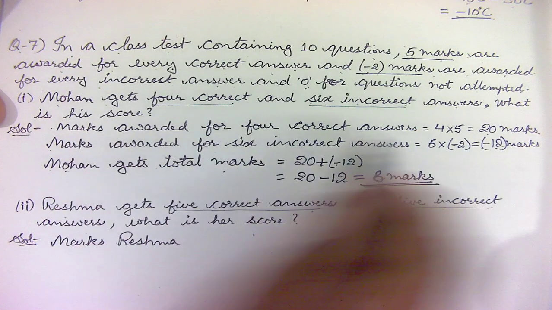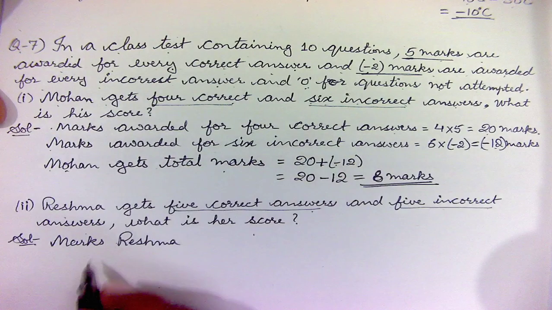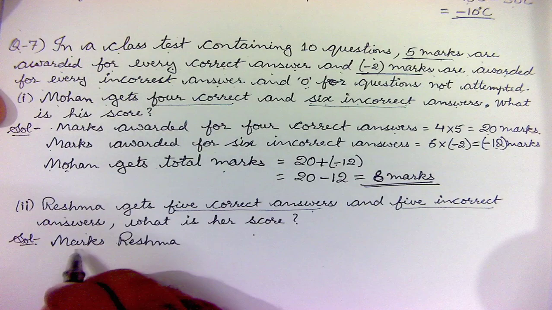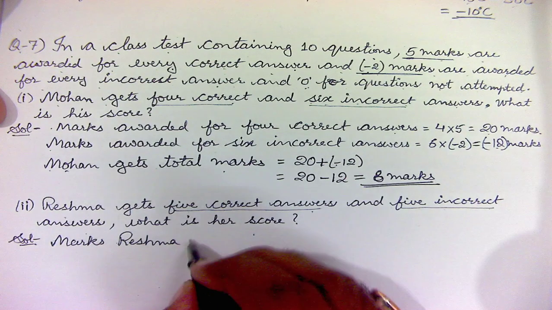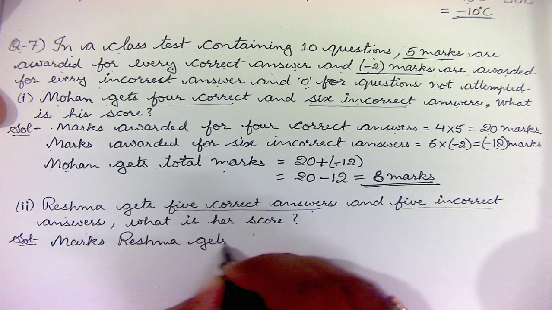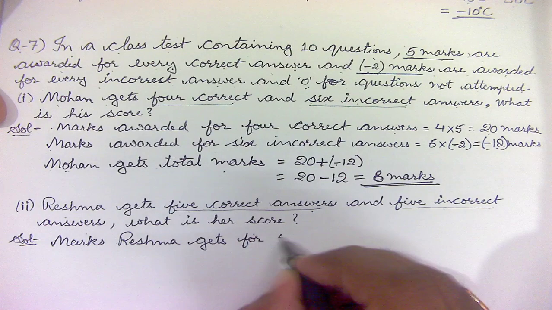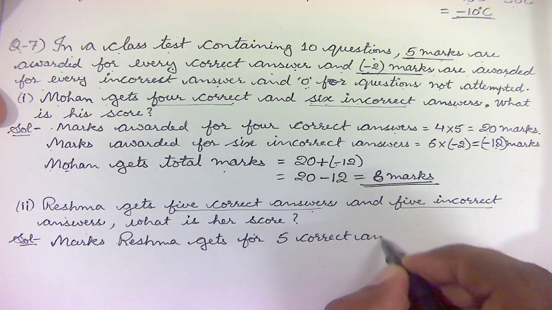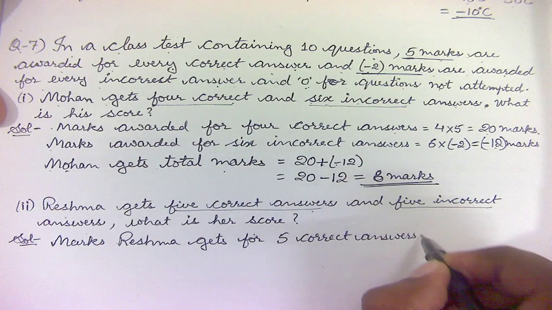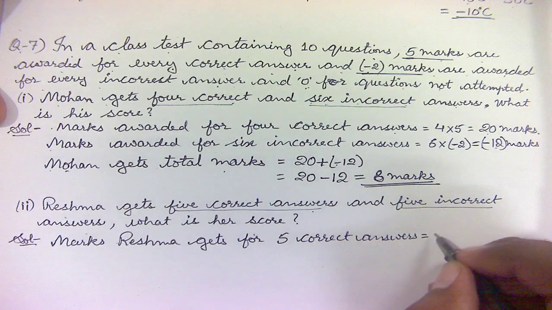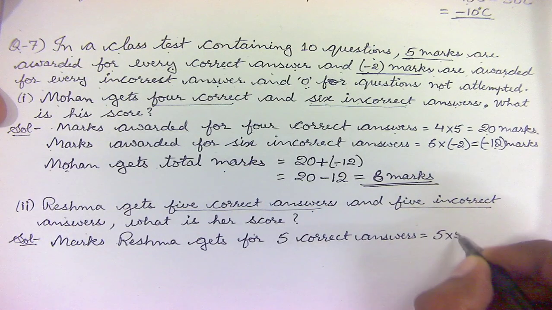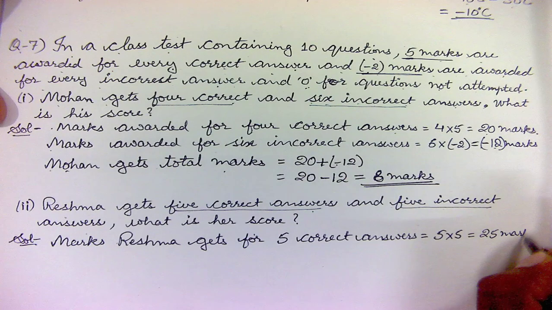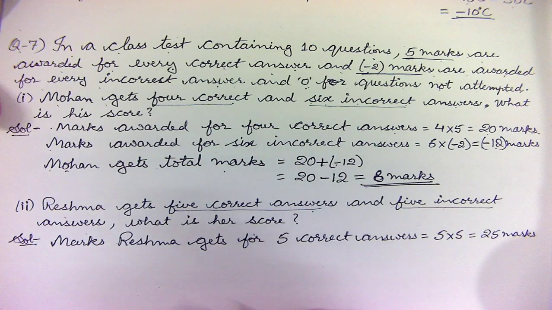You can even write it like this: marks awarded for 5 correct answers, or you can write the statement like this also: marks Reshma gets for 5 correct answers. So for one correct answer it is 5 marks. So for 5 correct answers it will be 5 multiply 5, that is 25 marks.